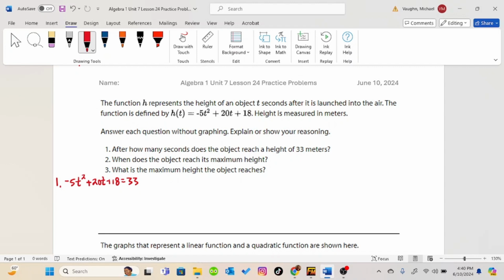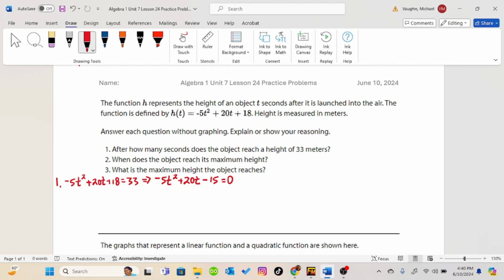So we're going to subtract 33 from both sides. This becomes negative 5t squared plus 20t minus 15, because 18 minus 33 is negative 15. And now it equals 0.